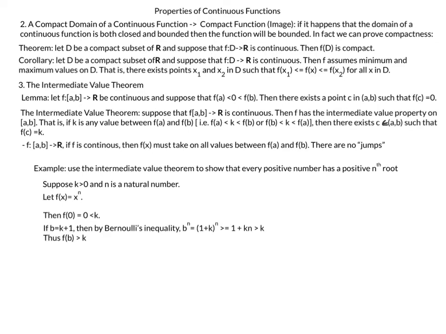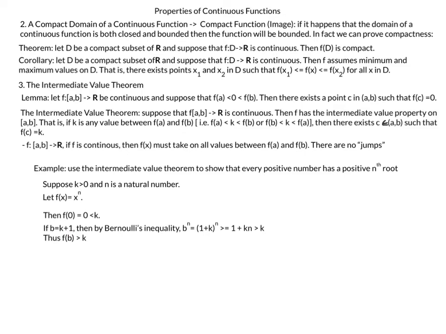Then next, we're going to note that f of 0 is equal to 0, and that is less than k. And so we're working up to here where we have f of 0 is less than k. Now we need something, an f of b, that is greater than k. So we're going to let b equal k plus 1.